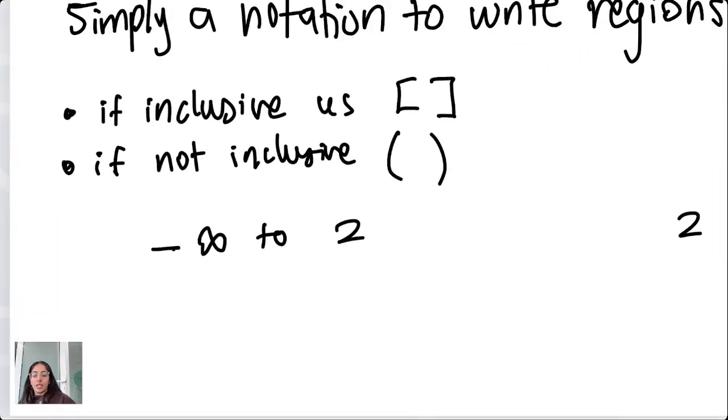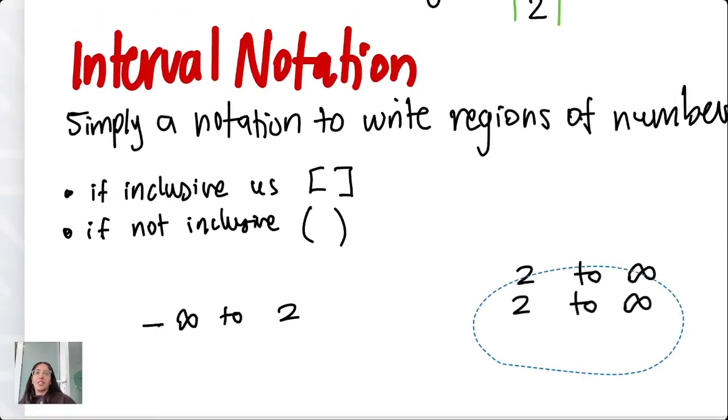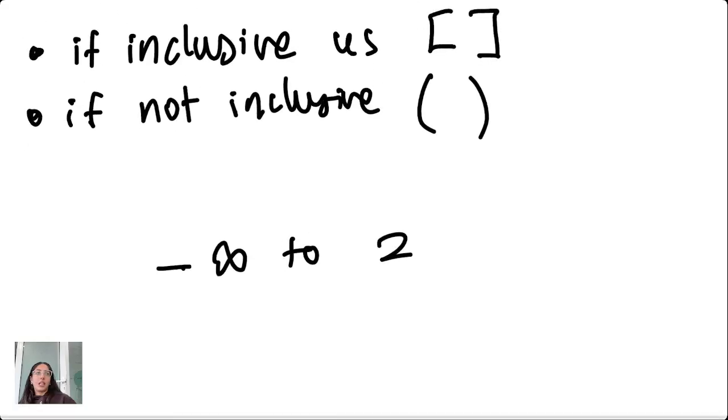So, negative infinity. Is it including negative infinity? I want you guys to think about this. Can we ever reach negative infinity? If I wanted you to write down what the value of negative infinity is, no, you can't. You can't reach it. It can never include negative infinity because then it'll just keep going. So you can't include something that is more like a theory than a number, right?